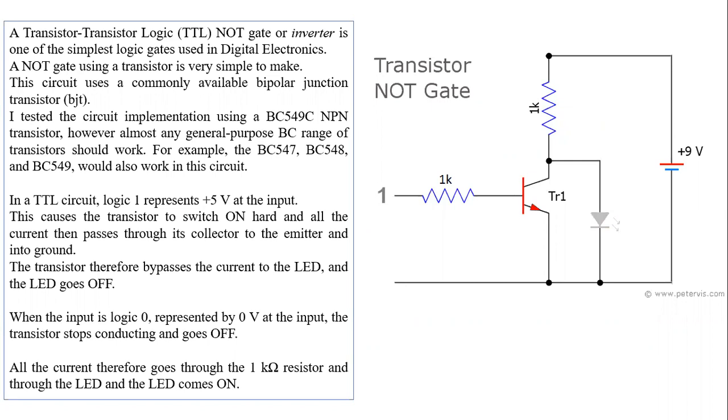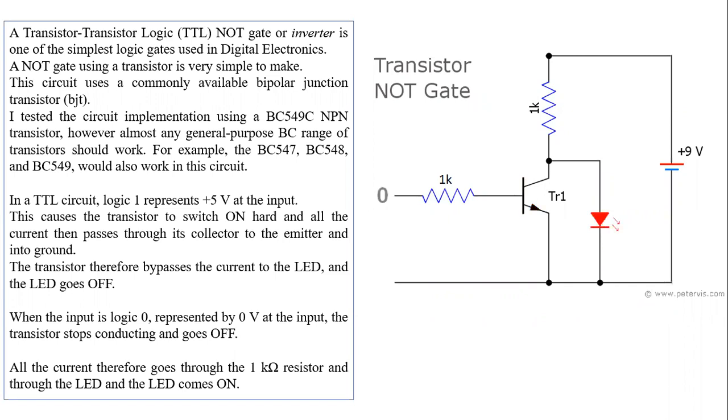This causes the transistor to turn on. As soon as the transistor is turned on, all the current passes from the collector to the emitter and back to the ground. This bypasses the current from the LED, so the LED remains off.